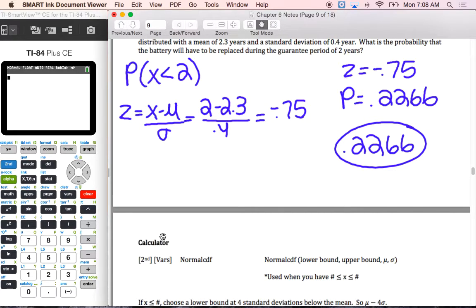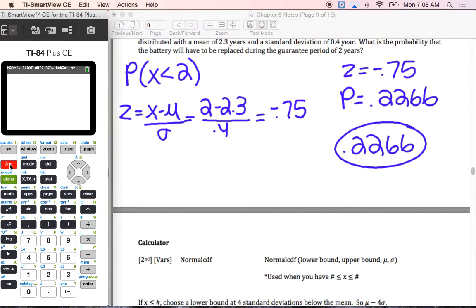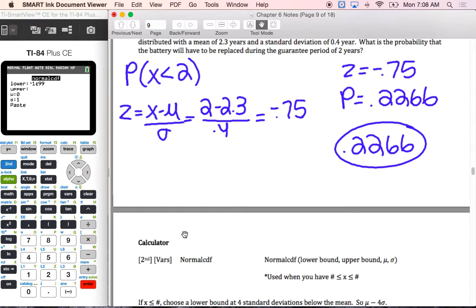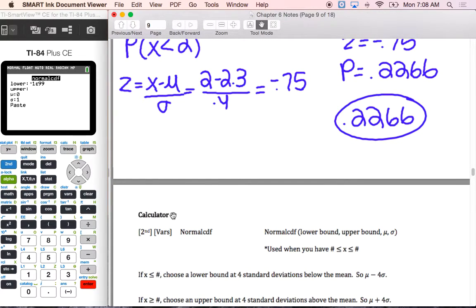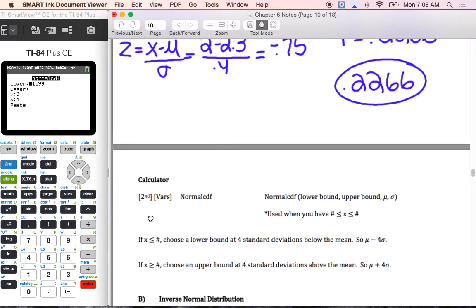Okay, so what we're going to do is second, we're going to hit vars. You want the normal CDF. Now, you always have to have a lower number. If we go back to the problem that we just did together, there is no lower number. So if you look here, it says, if x is less than or equal to a number, choose a lower bound at 4 standard deviations below the mean.